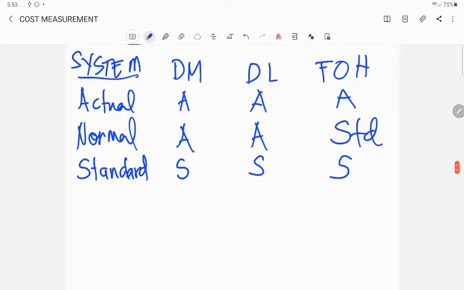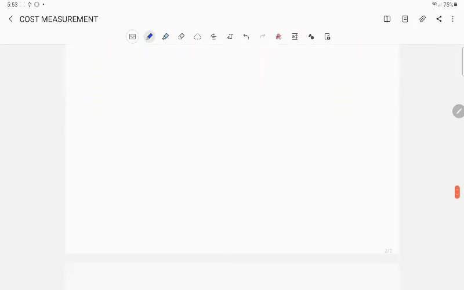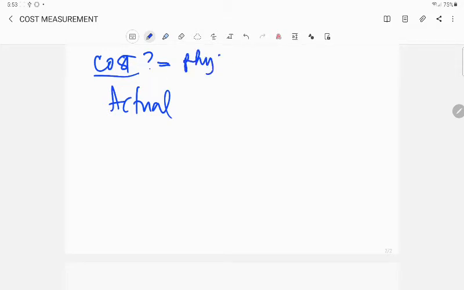What is the component of cost if it is actual? Remember, my definition of cost would be physical factor multiplied by the monetary factor.